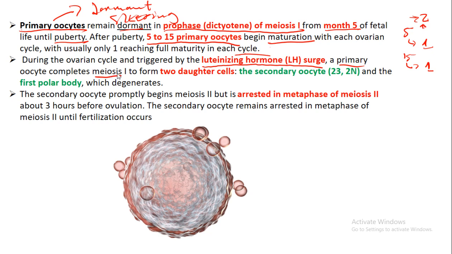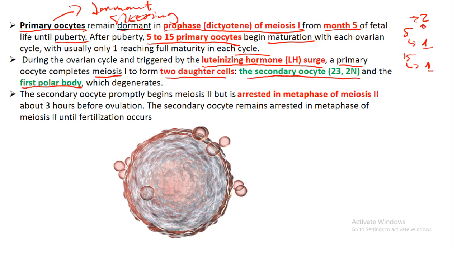They are going to complete meiosis 1 to form 2 daughter cells, and you need to know that one of them is the secondary oocyte and the other one is the first polar body. So the first polar body is produced during the menstrual cycle after puberty from the primary oocyte.